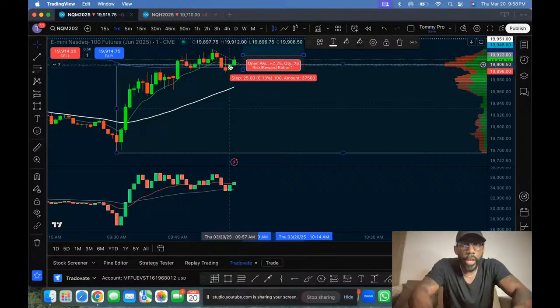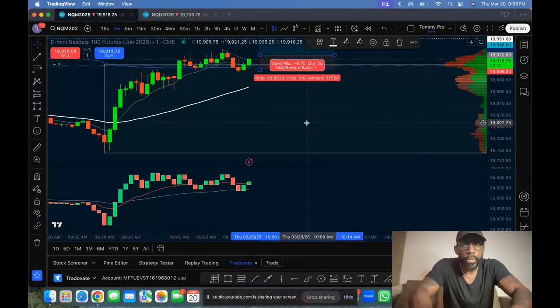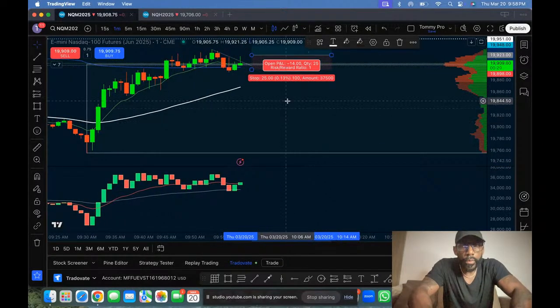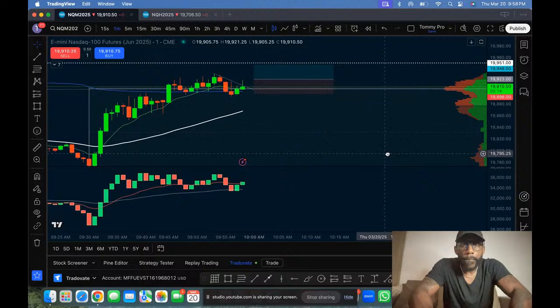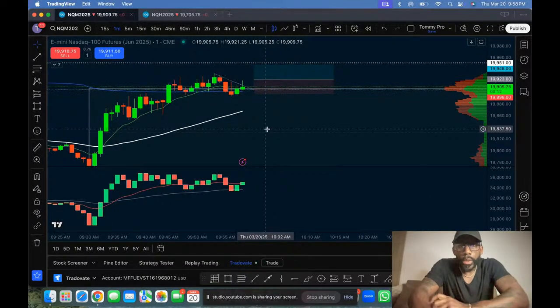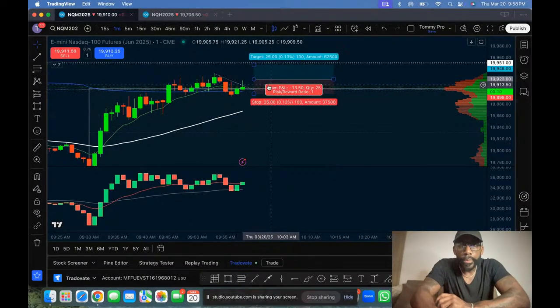So you see it went down, and I want it to close above this point right here. We still got 25 seconds in this 1 minute candle. And it doesn't look like it wants to do it.